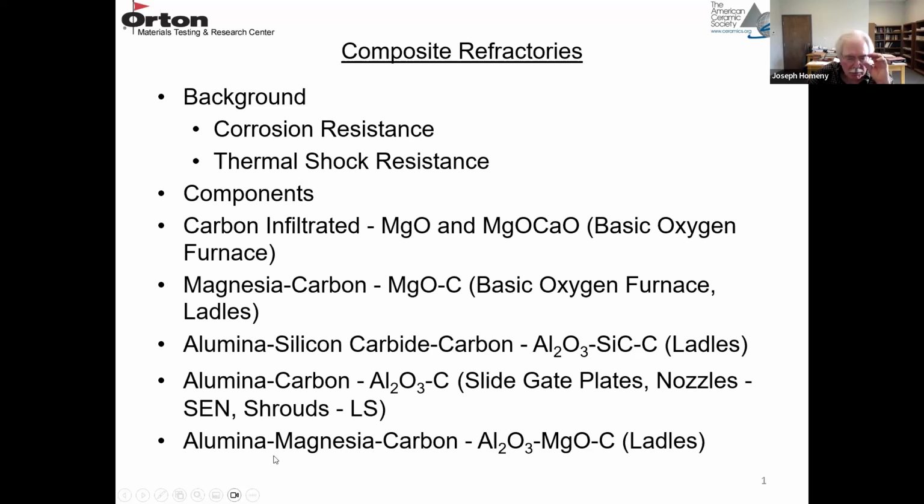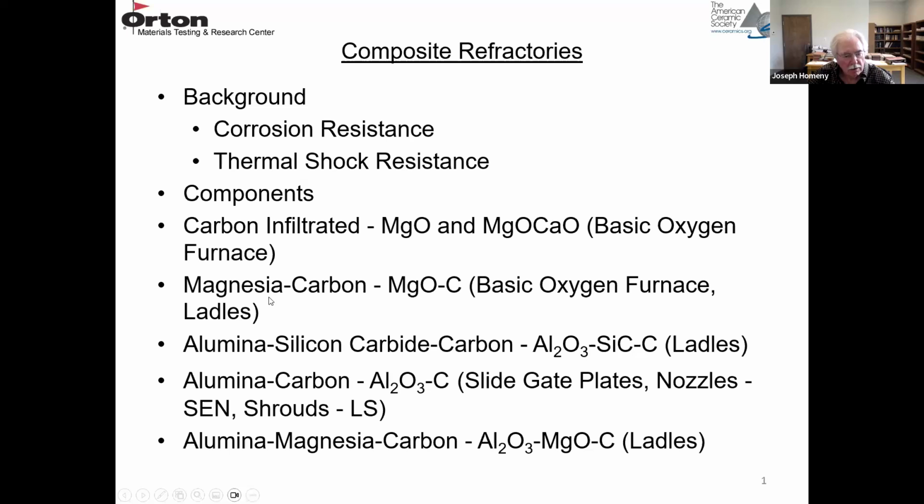These are probably the most common composites. The original composites were carbon infiltrated magnesia or dolomite for basic oxygen furnace applications. And then the true composites are listed here.